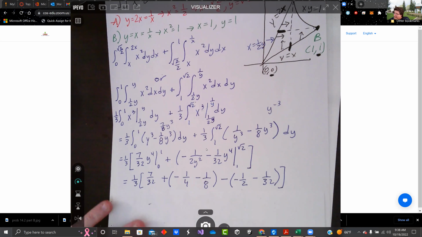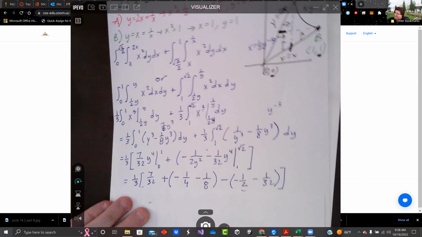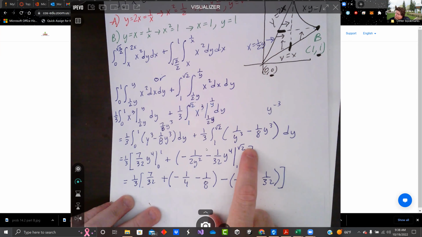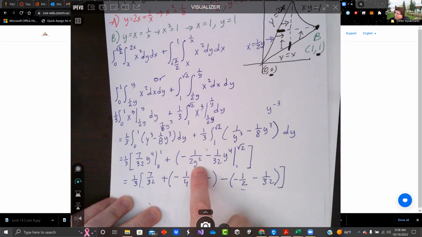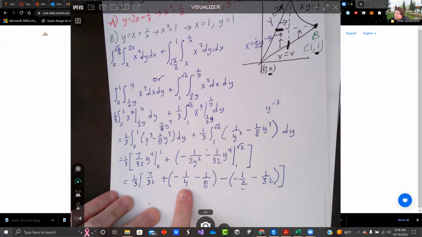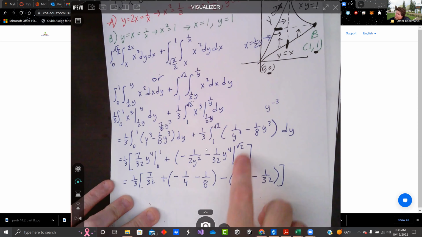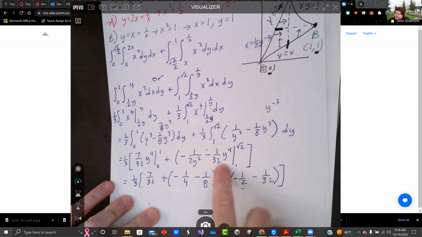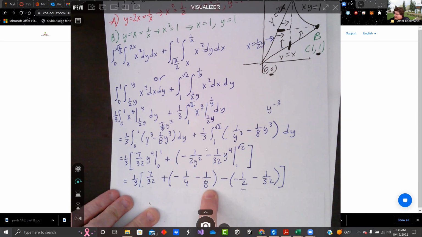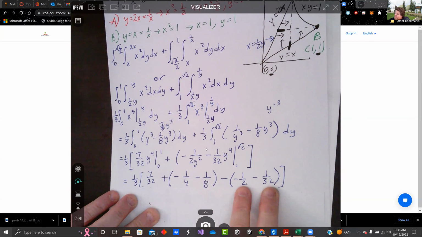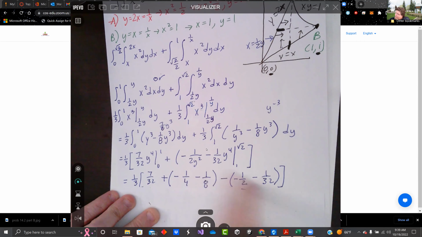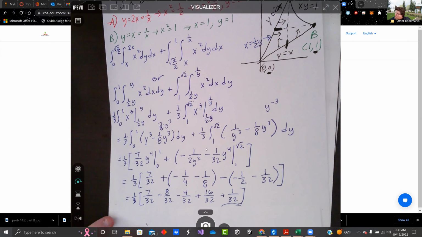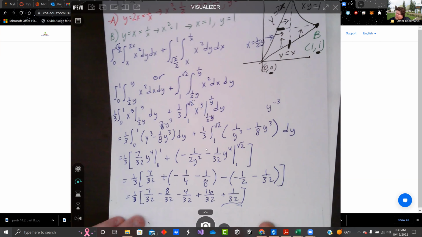So when we evaluate that, I got the 1/3 outside. I got 7/32. When I stick in root 2, on the bottom squared is just 2, so 2 times 2 is 4. And when I take root 2 to the 4th power, it's 4. So 4 over 32 is 1/8. And then I did the 1 value, which is 1/2 and negative 1/32. What I did is I didn't combine any of these.